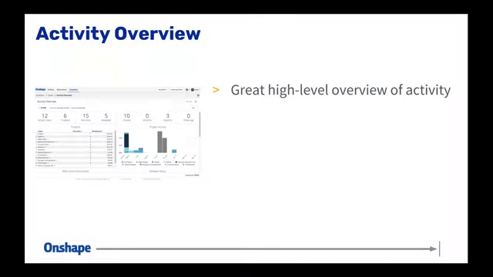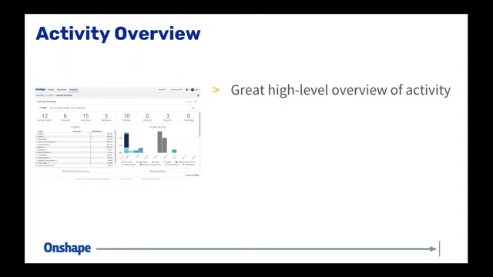I want to start with the easiest starting point, and that is the activity overview. So the activity overview is a report. It's a high-level report of general activity within your enterprise. And it's high-level, meaning it shows you the number of active users, the number of projects that were created, and the number of versions or releases that have been created across your entire enterprise, right?